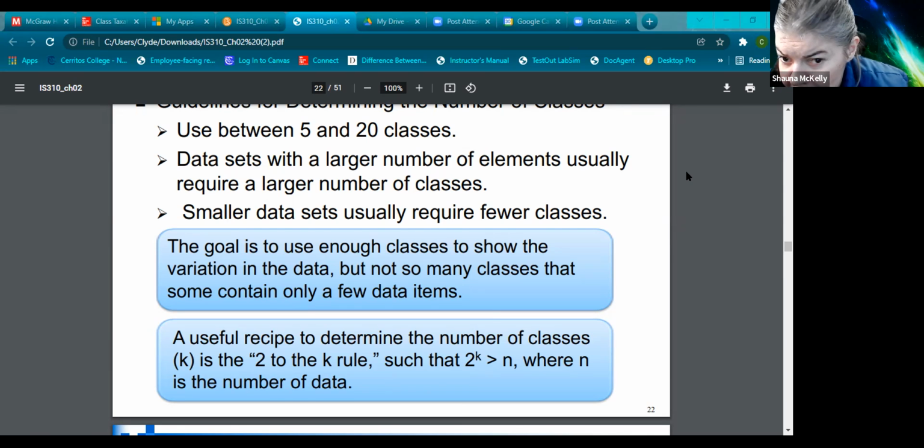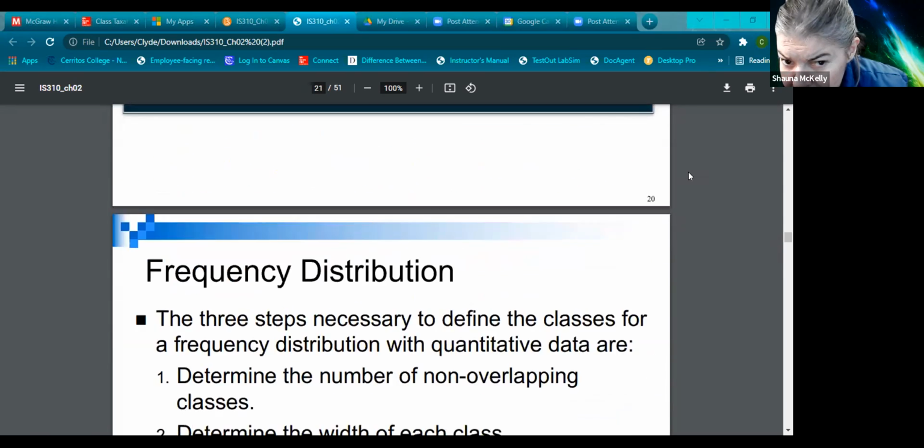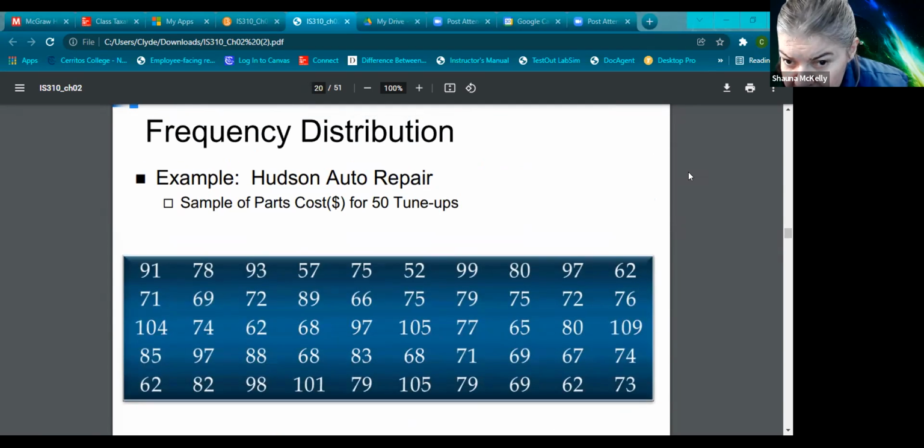So go back and look at the Hudson example for a minute. How many data do we have here? So there's 50 tune-ups. So what we would do is we would want to take 2 to some power and get as close as possible but be greater than N. So 2 to the first is 2, 2 to the second is 4, 2 to the third is 8, 2 to the fourth is 16, 2 to the fifth is 32, 2 to the sixth is 64.